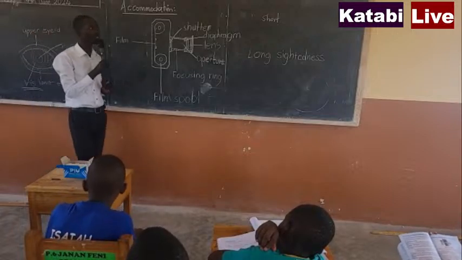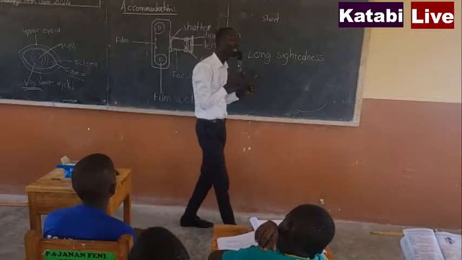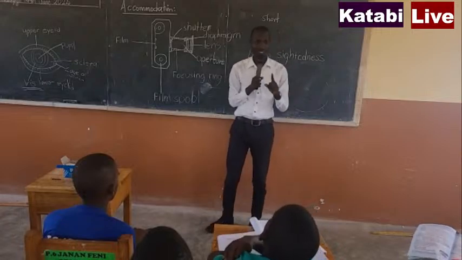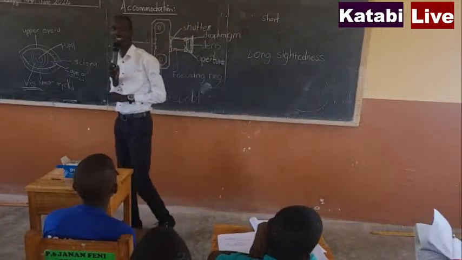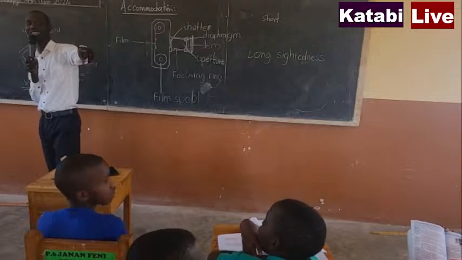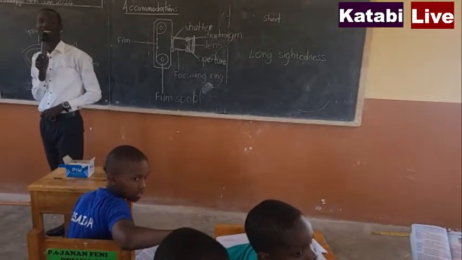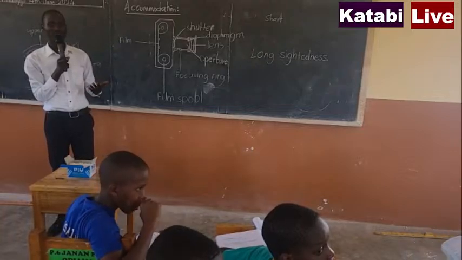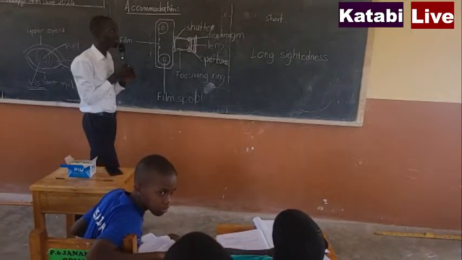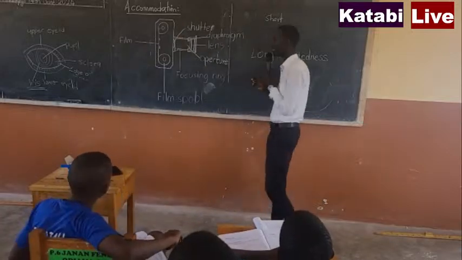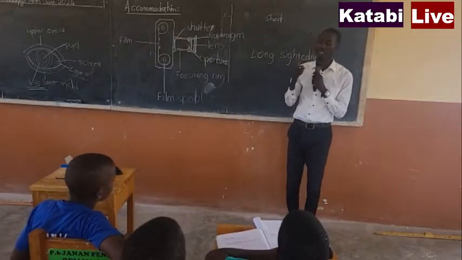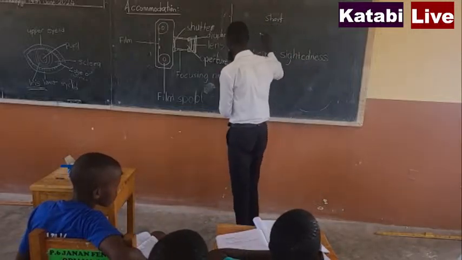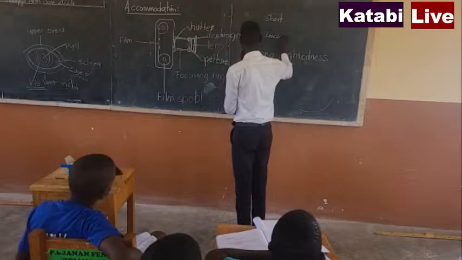Now, a simple question is, between the two, which lens is used for correcting short-sightedness? Concave lens. Why do you say so? My fellow teacher asked: if you have short-sightedness, for you to correct it, you must use the concave lens.